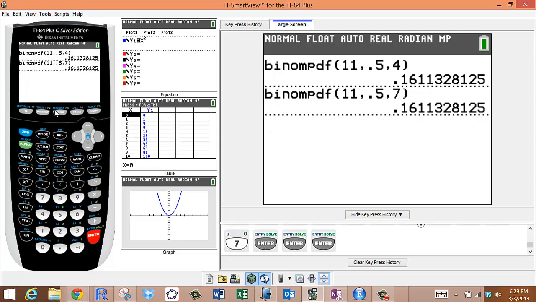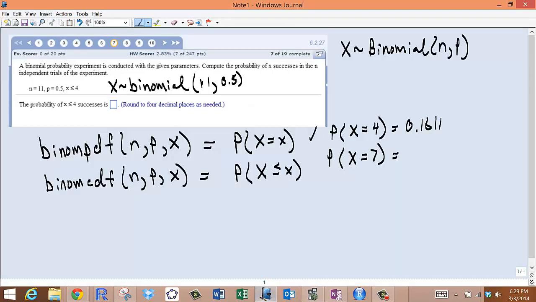Let's try to change this one here. These two probabilities are not the same, but let's change it. Let's change from 7. Let's maybe say 9. So out of the 11 trials, what is the probability we get exactly 9 successes? Let's see what we get here.